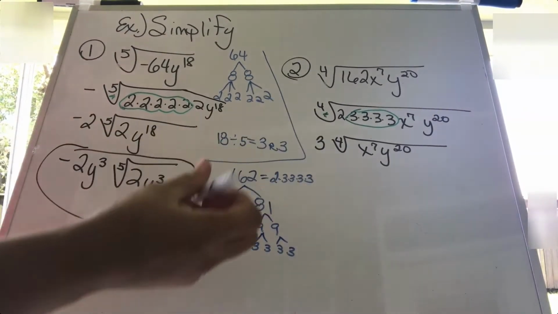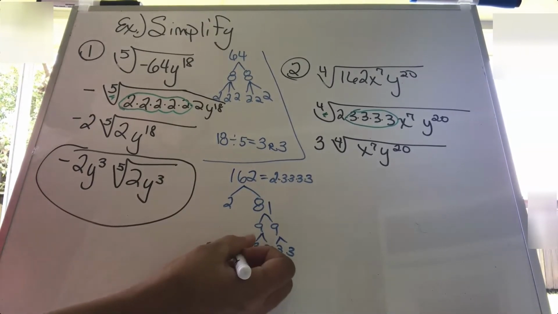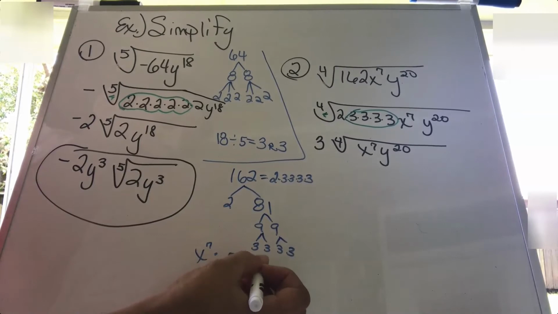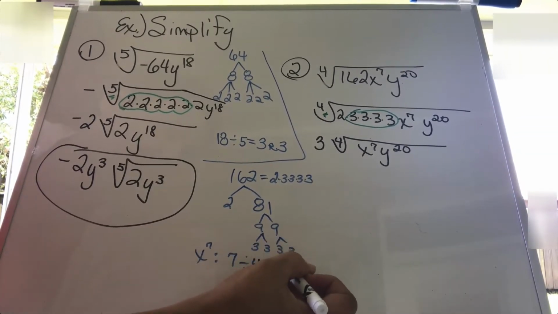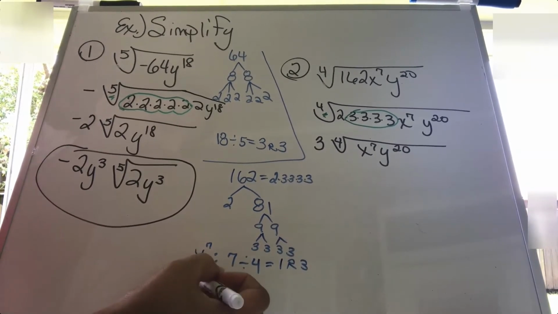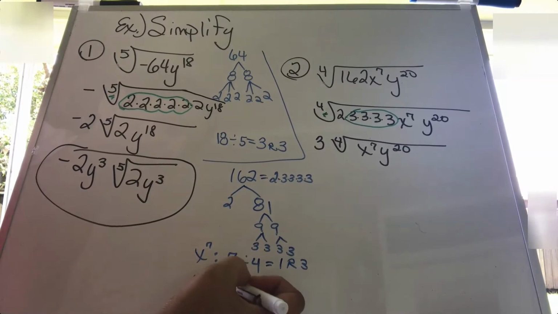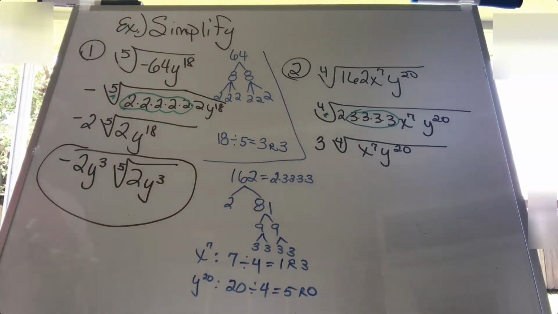So for that x to the 7th, I will take the 7 divided by the index of 4. 4 goes into 7 one time with remainder 3. And for the y to the 20th, I'm going to take the 20, divide by 4, and it goes in 5 whole times with a remainder of 0.